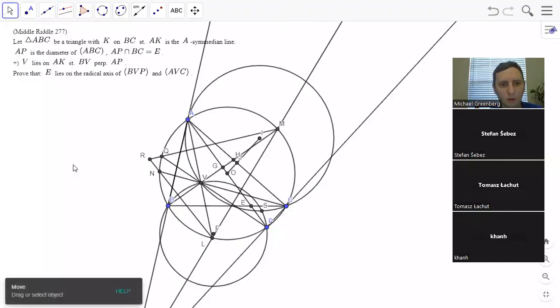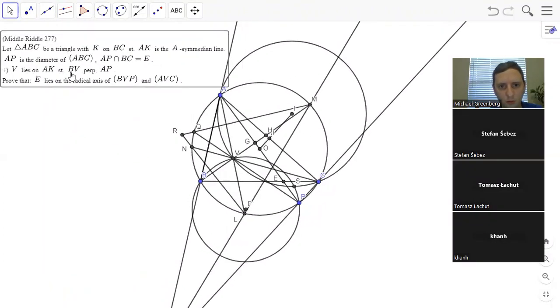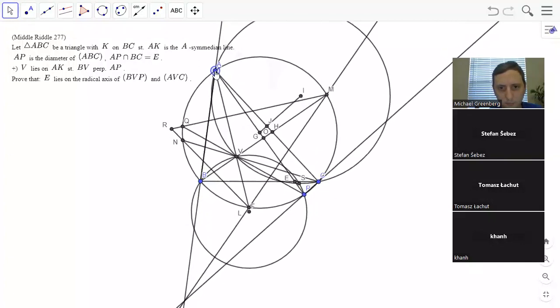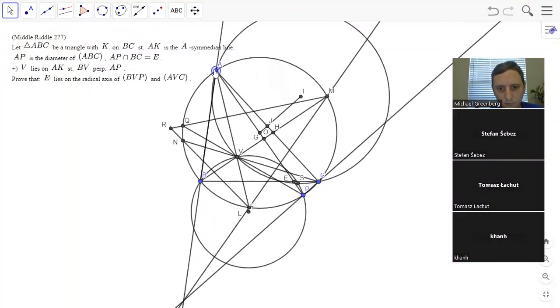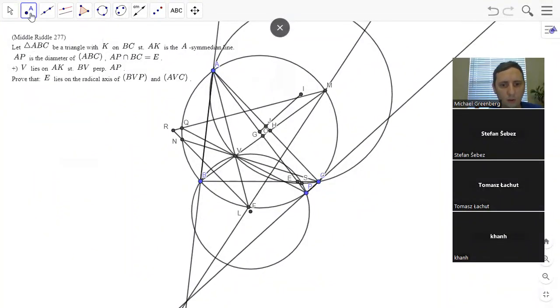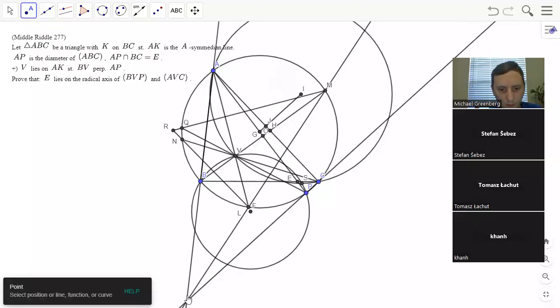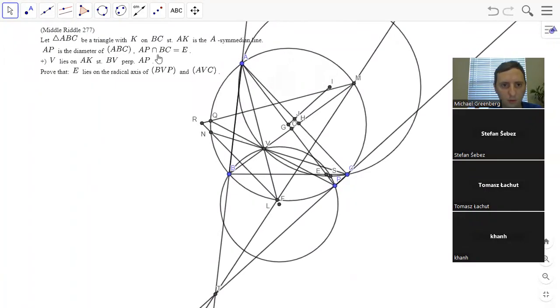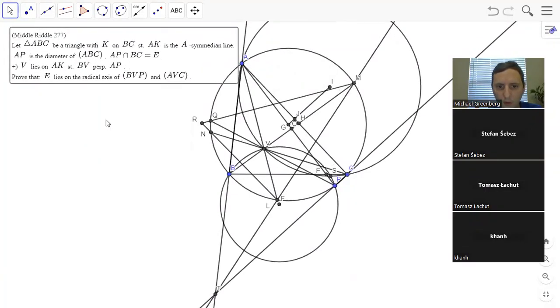To do this, we want to let ML meet AB at a point. Let's call it point T. And then we're going to compute the ratio TB over TA.